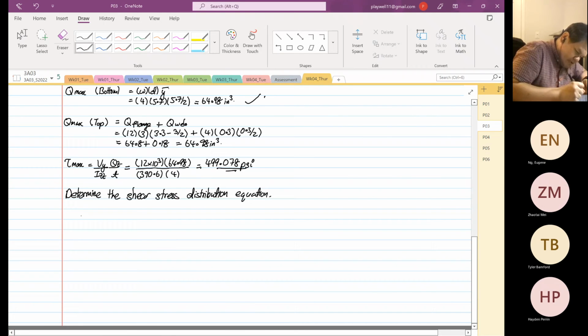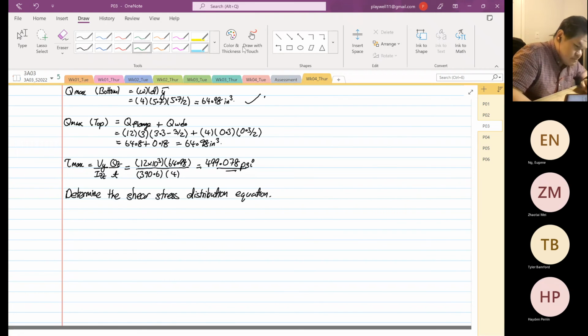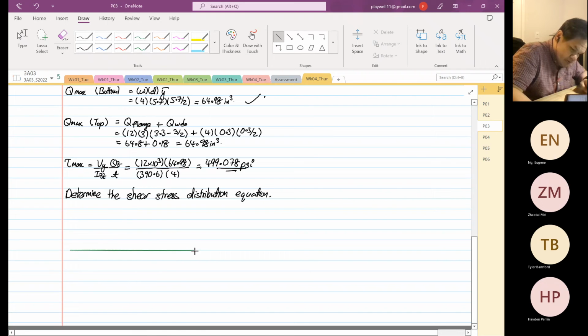I'm going to draw our centroid. So if the green is our centroid, it asks us to determine the shear stress distribution. This is above the centroid, at the top.